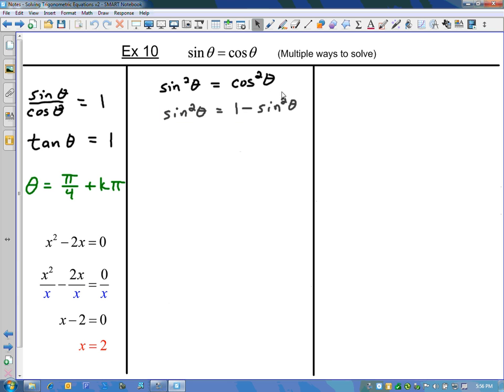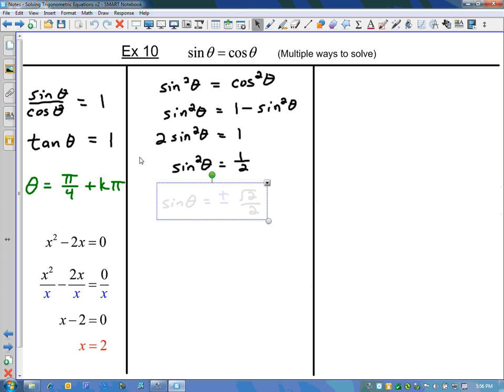Instead of cosine squared theta, I change that to 1 minus sine squared theta. I'm going to collect my sines on the left, divide by 2 to isolate my trig function, and then I have sine squared equals 1/2. So I'm going to take the square root of both sides and get that sine of theta equals plus or minus the square root of 2 over 2.